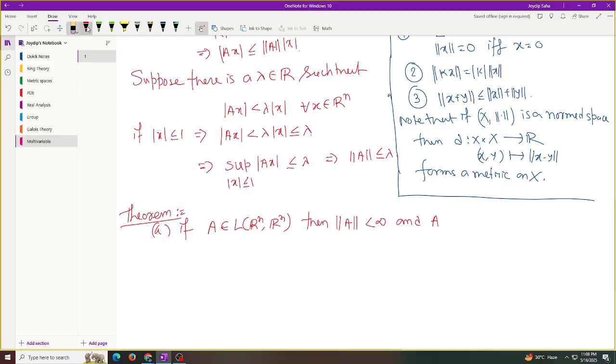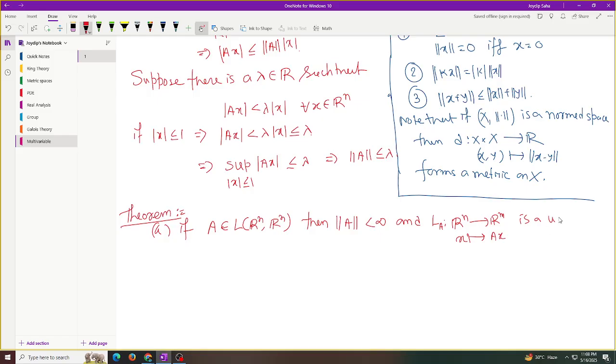I should write this map, R to the power n to R to the power m, x goes to Ax. I should write here not A but L, this is better.